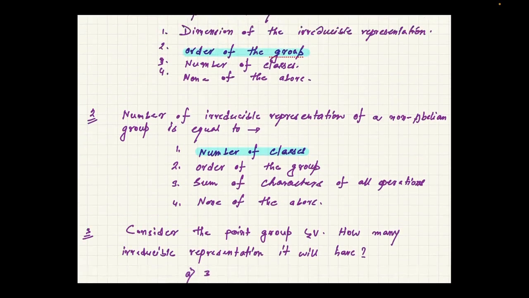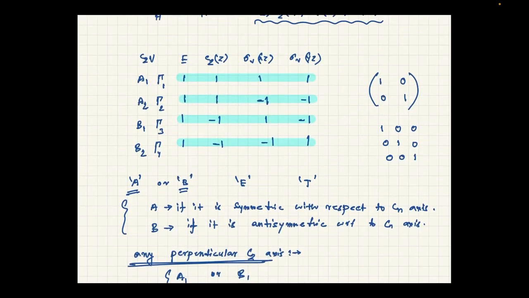So the point group C2v we also discussed today. To answer this question, first you have to write down the number of possible symmetry operations. For the C2v point group there are 4 possible symmetry operations: E, C2z, sigma v xz and sigma v yz.